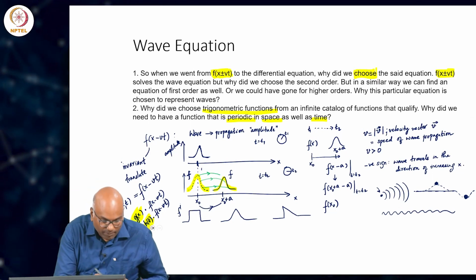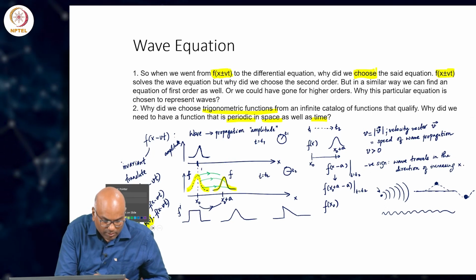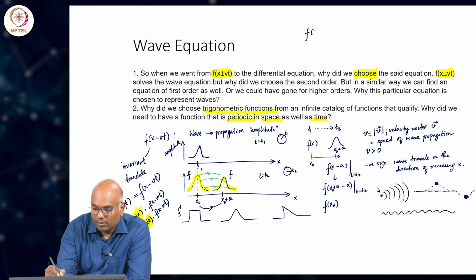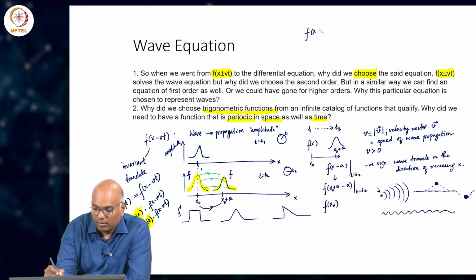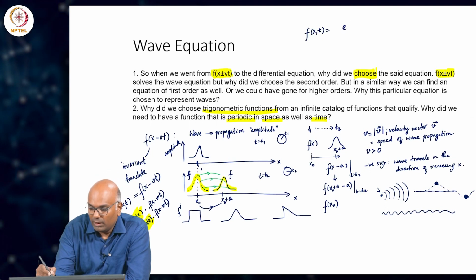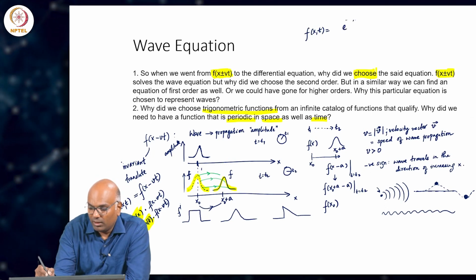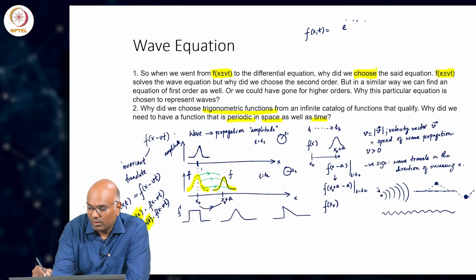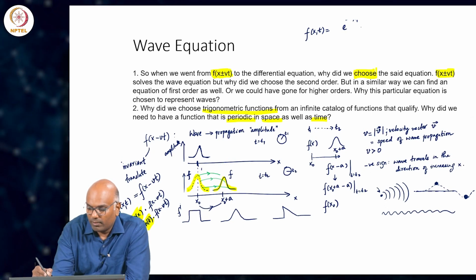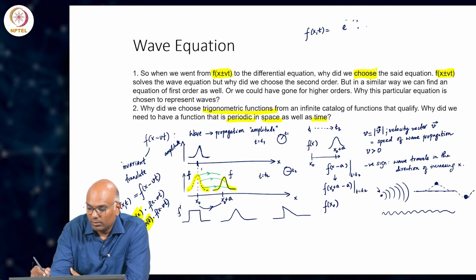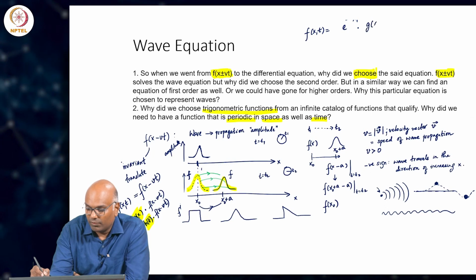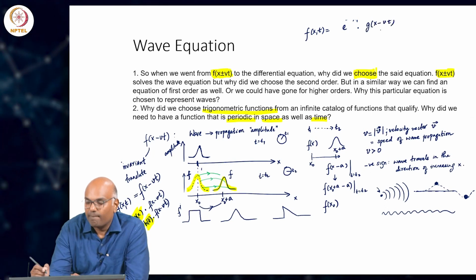For example, we could have that f of x, t is e to the minus t by some tau multiplying, let us give it some symbol, let us say g of x minus v t.